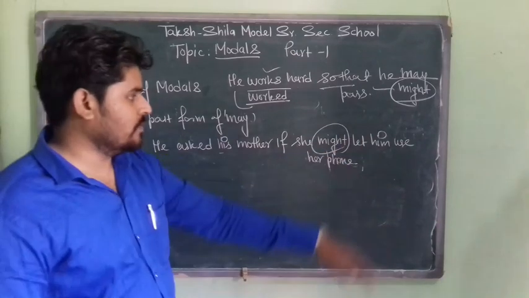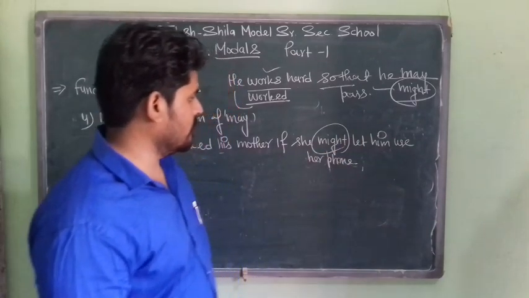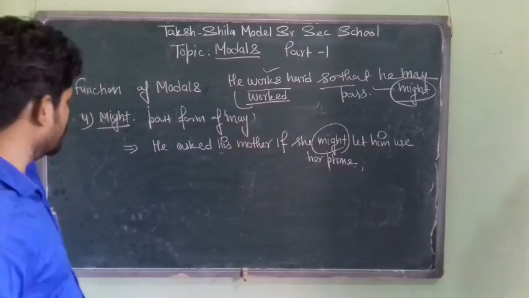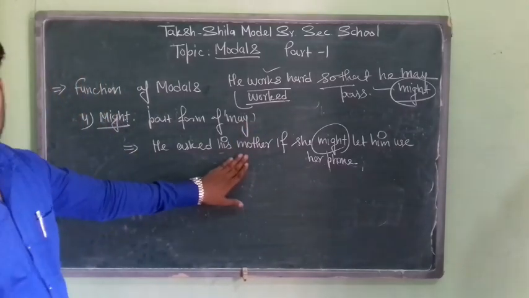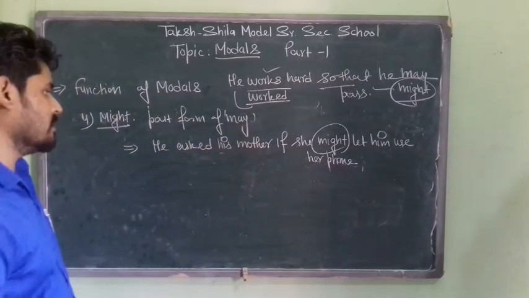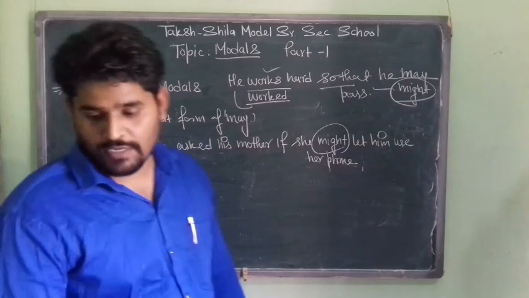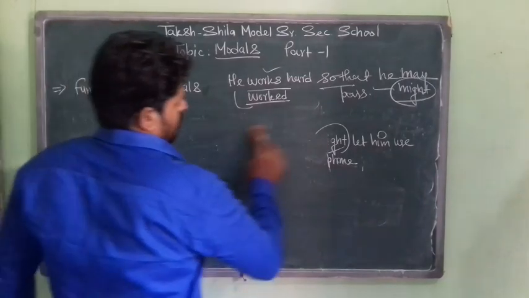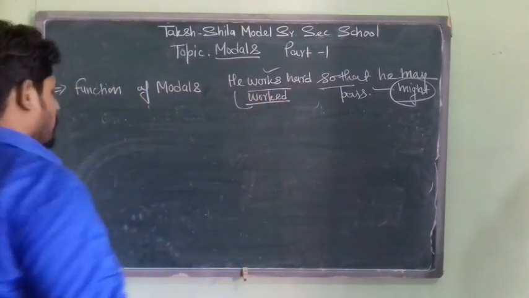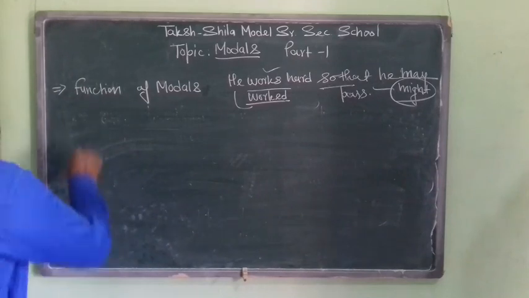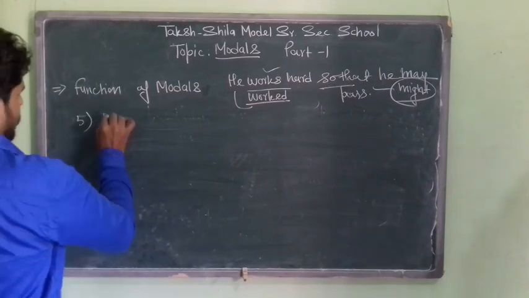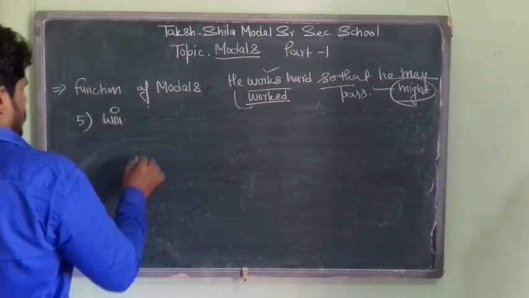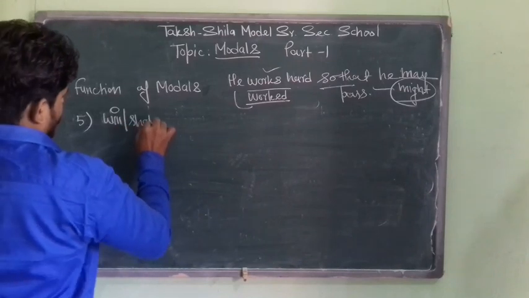So students, this is an example of asking for permission in the past tense, especially formal permission. So we have also discussed the use of might, and now let us move on to the fifth use, that is will and shall.